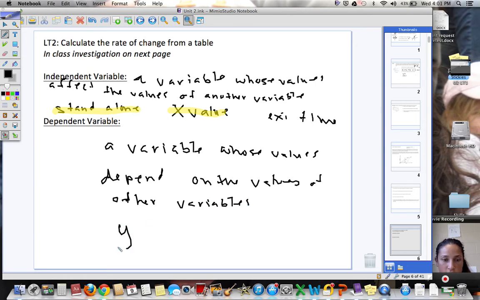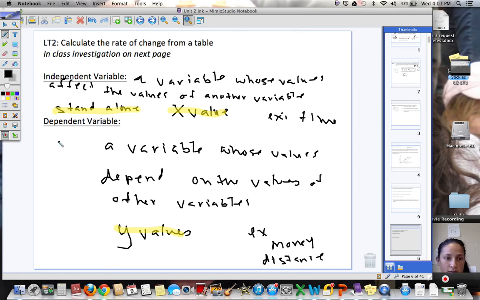So this is going to be our y values. Again, I'm going to highlight that. It's important to know that our dependent variables are our y values. An example of this would be money, how much money you make in a certain amount of time, or distance, how far you can walk or how far you can run in a certain amount of time.